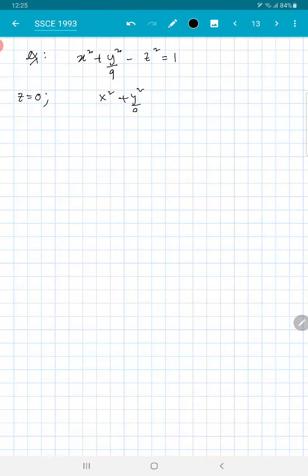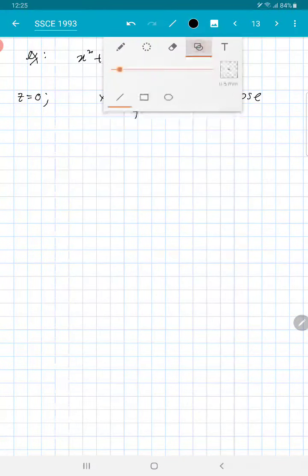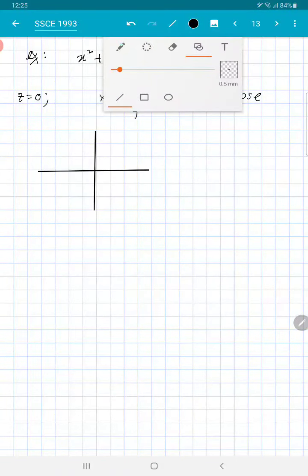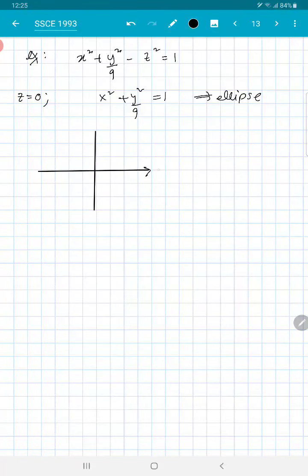Here we have an equation of an ellipse. So we sketch that on the xy plane. We have an ellipse that is longer, parallel to the y-axis.